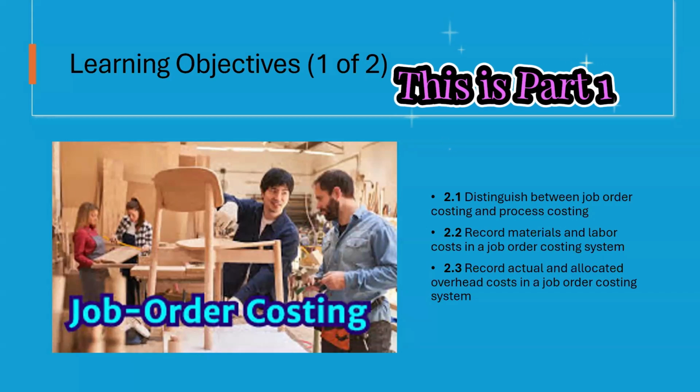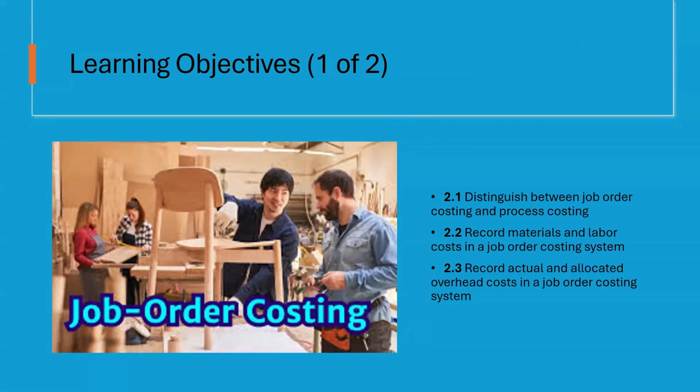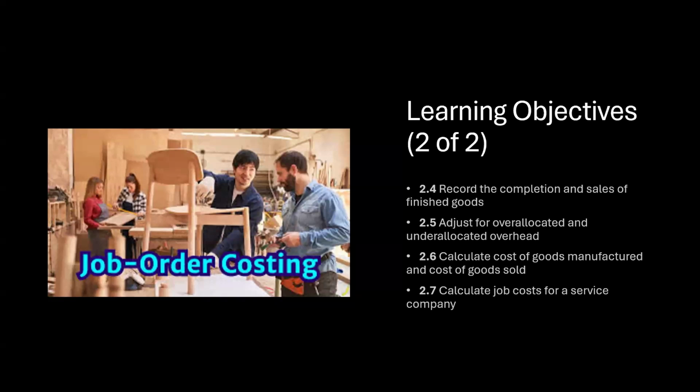The learning objectives for Chapter 2 are: 1. Distinguish between job order costing and process costing. 2. Record materials and labor costs in a job order costing system. 3. Record actual and allocated overhead costs in a job order costing system. 4.